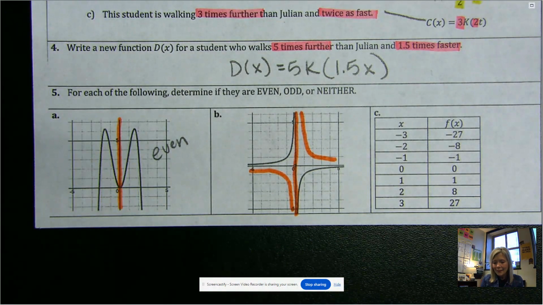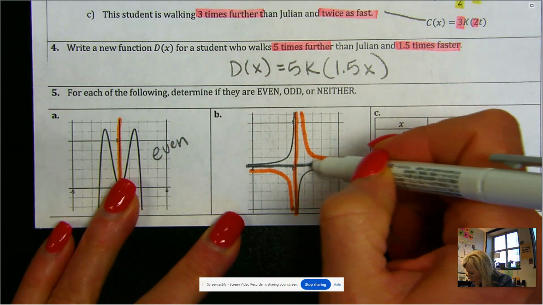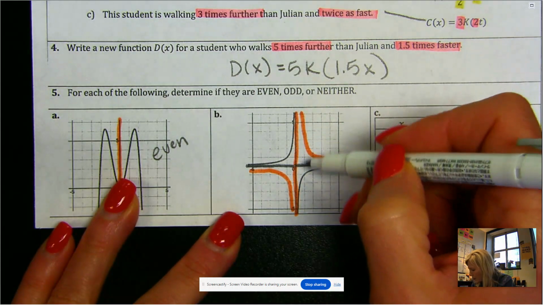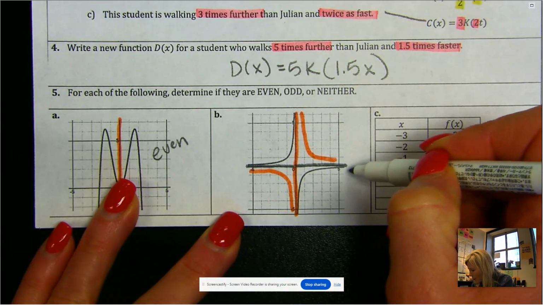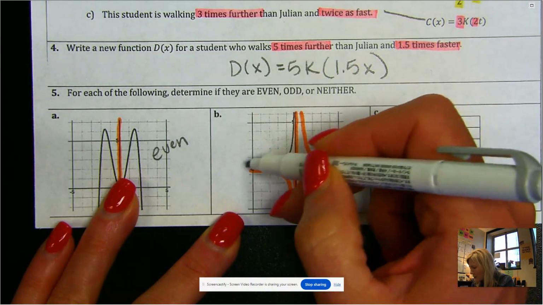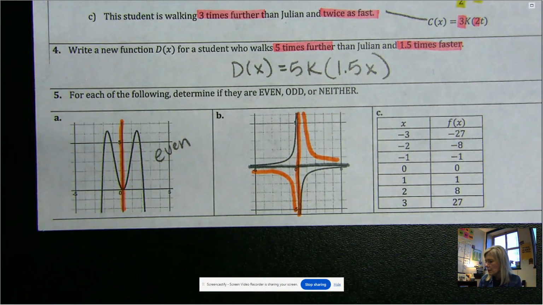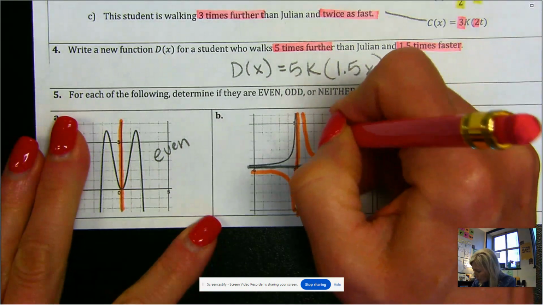And then if we reflect that over the x-axis, now this reflects down and we get our original graph on this side. And this reflects up and we get our original graph on that side. And so this is an odd function.